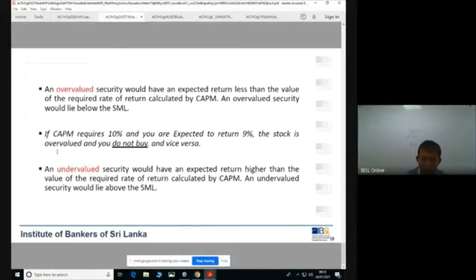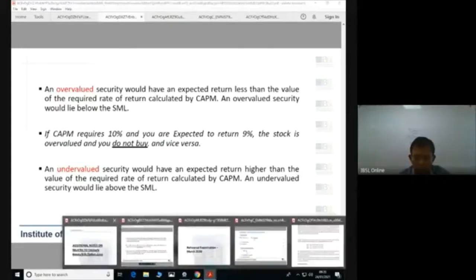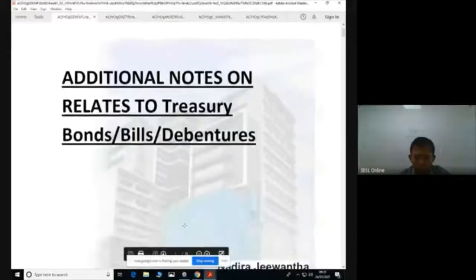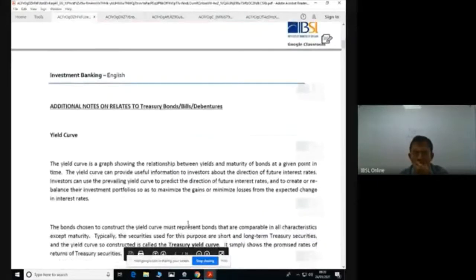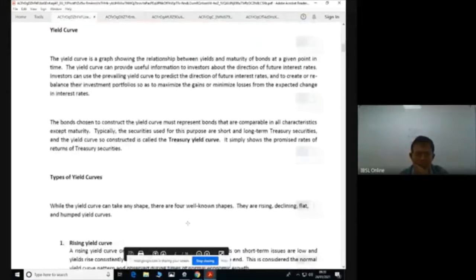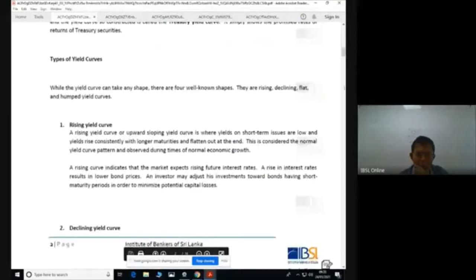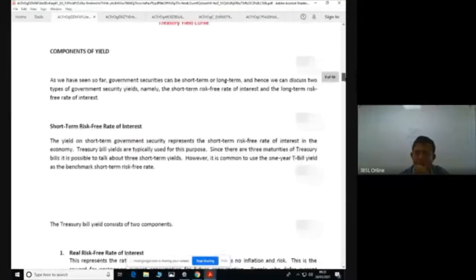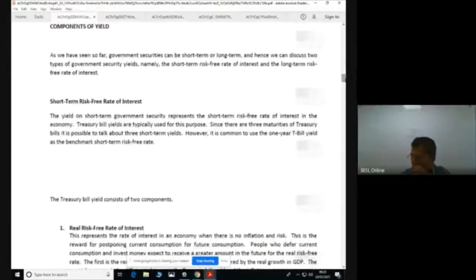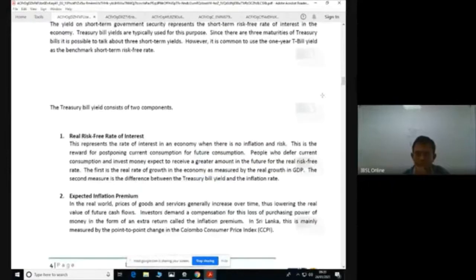Or keep in mind. Yield curve we have learned previously. This is the previous tip they have also uploaded. This is not necessary. Last week we have done this, right? Just to read it for you all.